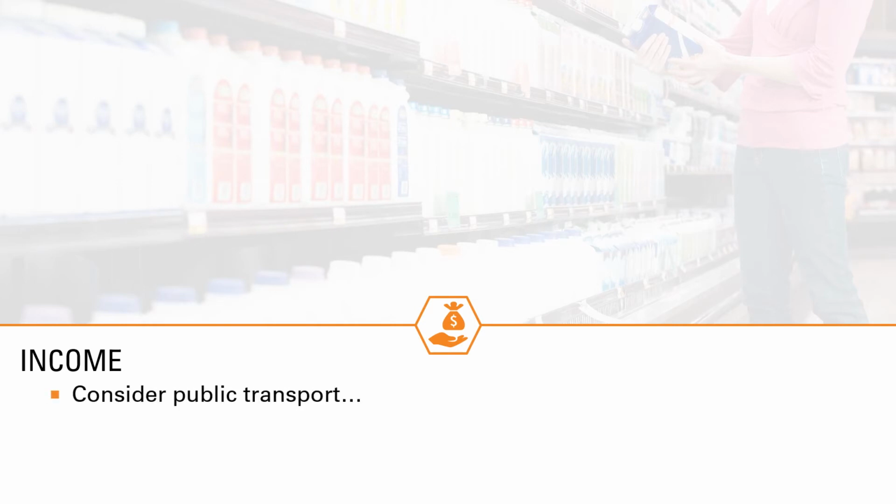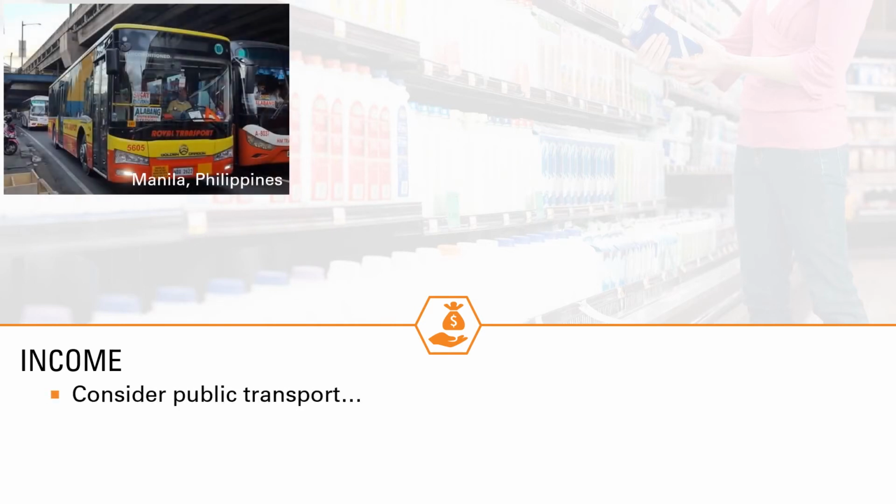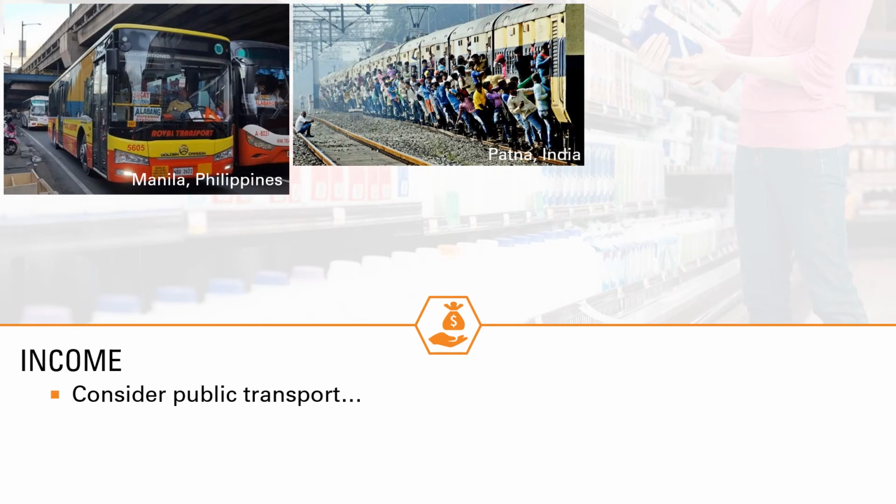Consider public transport. So here's an example of a bus along the nice EDSA. And we've got this train here. This is in India. So consider public transport. If a person has a lot more money, do you think they'd be more attracted to use public transport? Think about it, right?